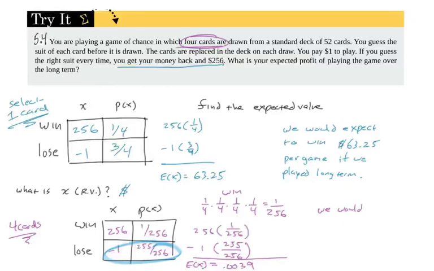So we would expect to win about 39 cents per game if we play this long term in this case. It's still positive, so we still end up coming out ahead, which is good, but it's a very, very small amount. Again, they're paying out $256, and then you only have to pay 1, but you have to get it 4 times in a row for that.